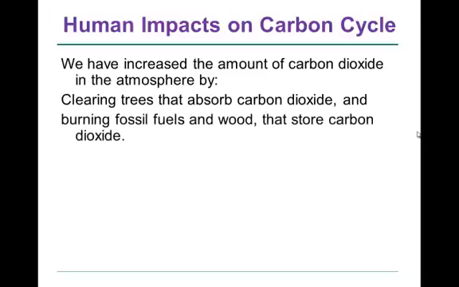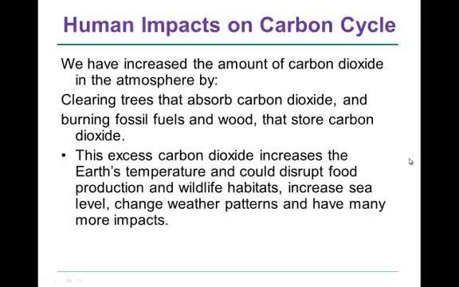And we've also burned fossil fuels that have stored carbon for millions and millions of years. About 300 million years ago was the Carboniferous period, and that was kind of the peak of formation of fossil fuels. Burning wood as well can lead to increased release of carbon dioxide.